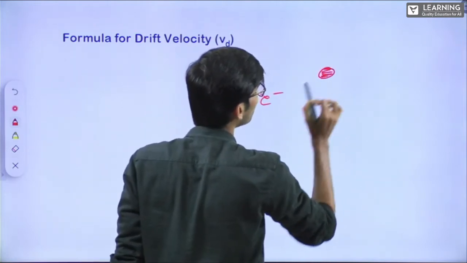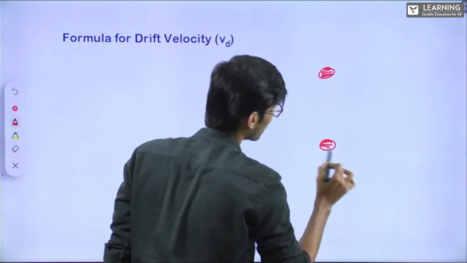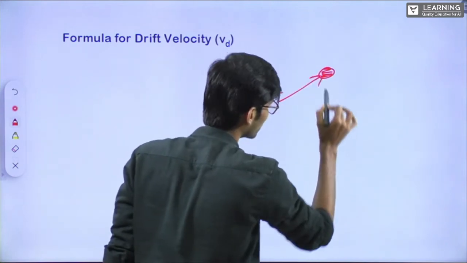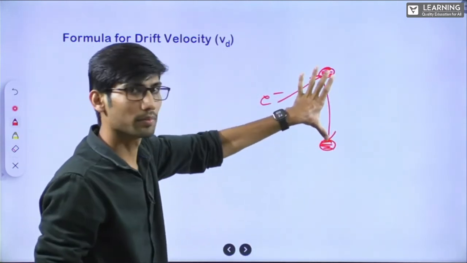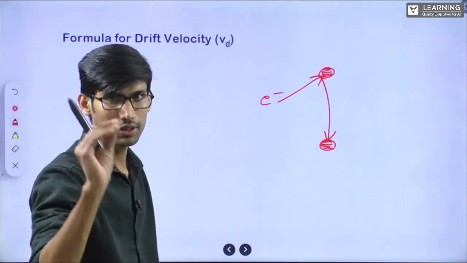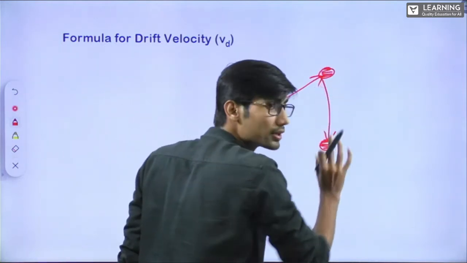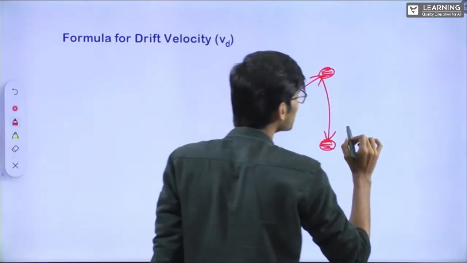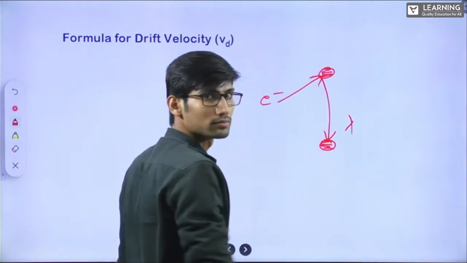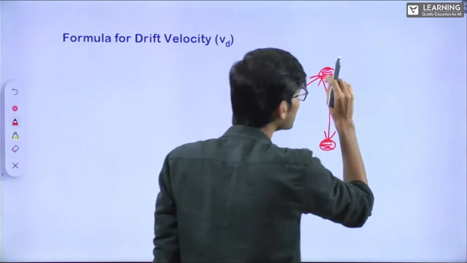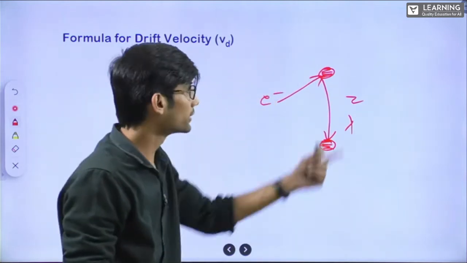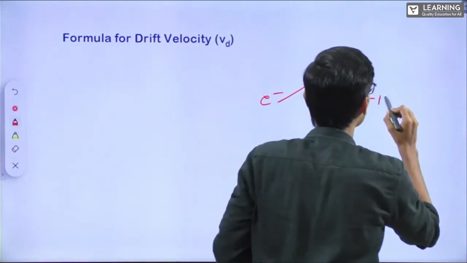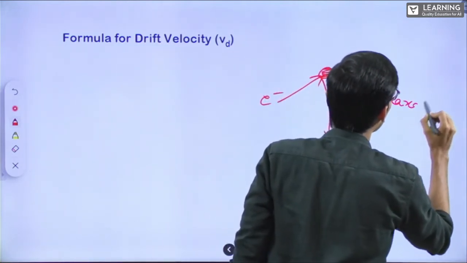This is one kernel, this is another kernel. First, let's say the electron went there, here, then it went here. Two collisions happened, one here, one here. The distance between two collisions is known as lambda. And the time taken between two collisions is known as tau. This tau is nothing but relaxation time.